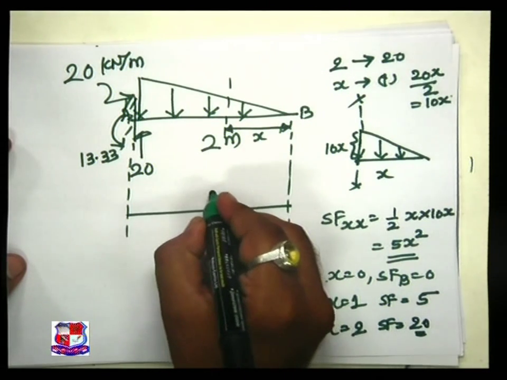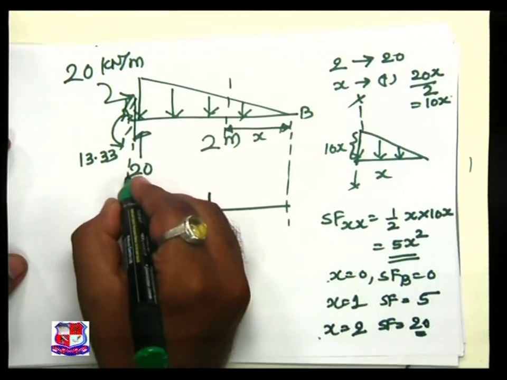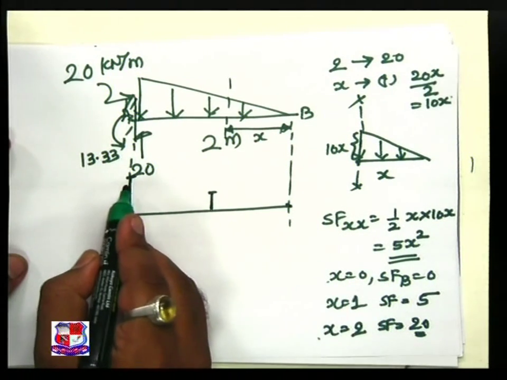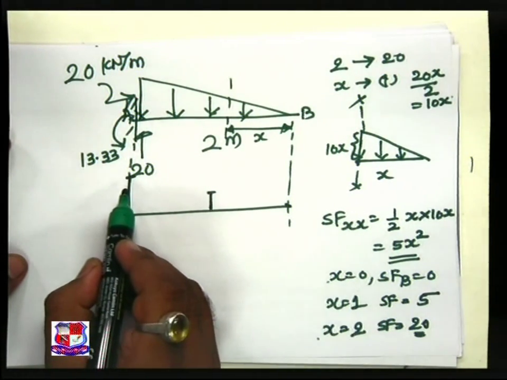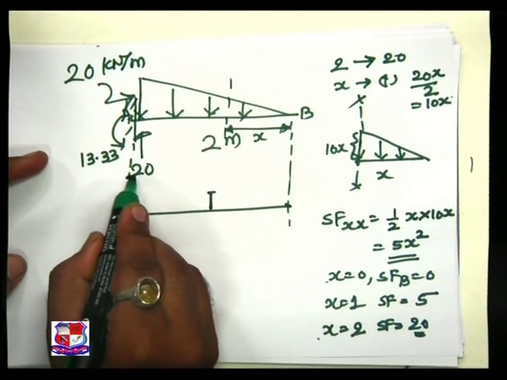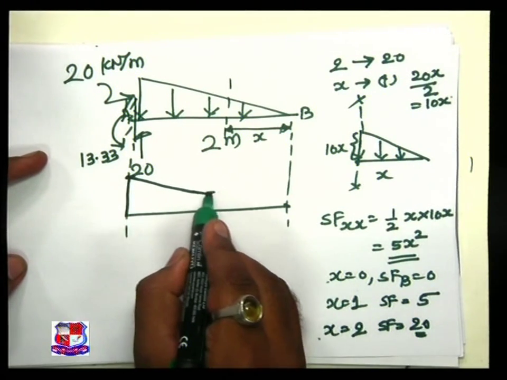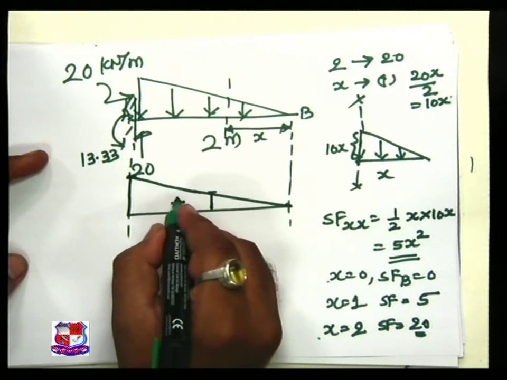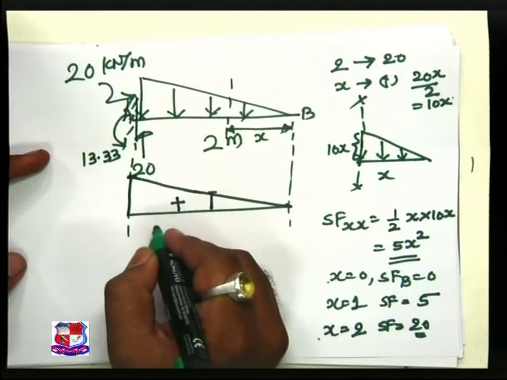So if we put the ordinate over here, the 20 ordinate is over here. Join these 3 points with the help of a parabola, and we achieve the diagram like this.